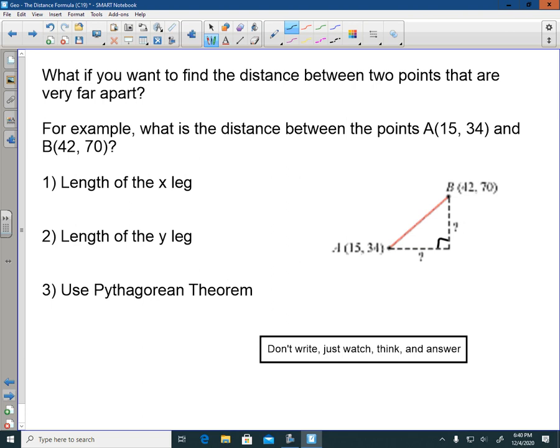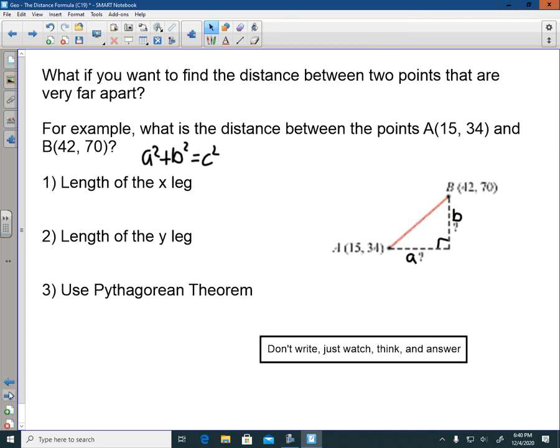If we want to find the length of this red segment, we could potentially use the Pythagorean theorem. In other words, if we knew the length of A and we knew the length of B, we could say that a squared plus b squared equals c squared and find that length. But the problem is we don't know the length of A and B. Actually, we kind of do.